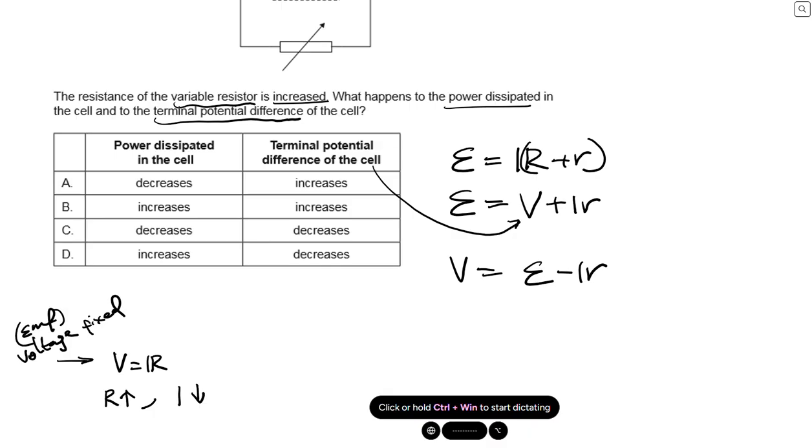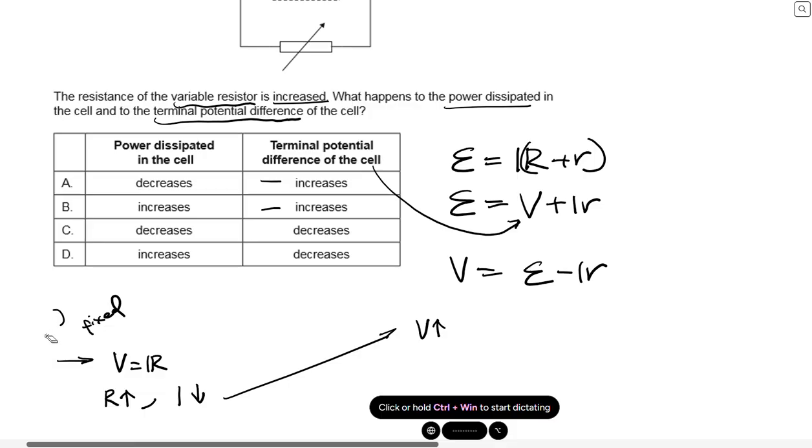And so if our current decreases, then our voltage increases. Looking at this formula, if this decreases, our EMF is greater than this, and our voltage increases. And so we can say it's either A or B.